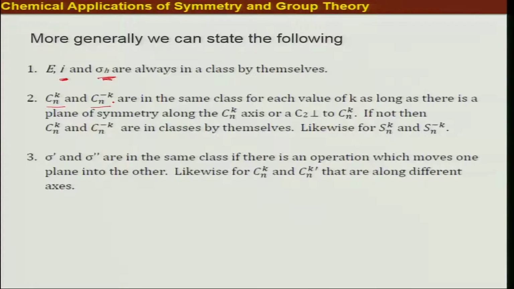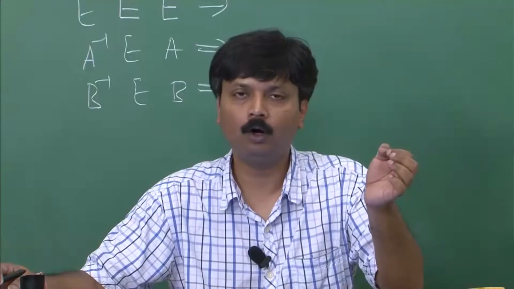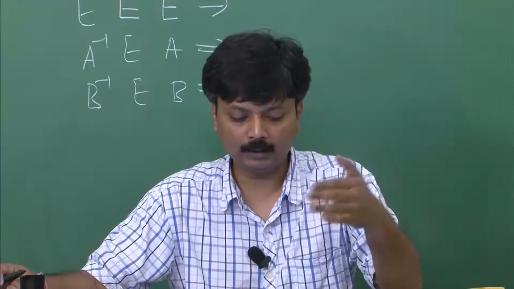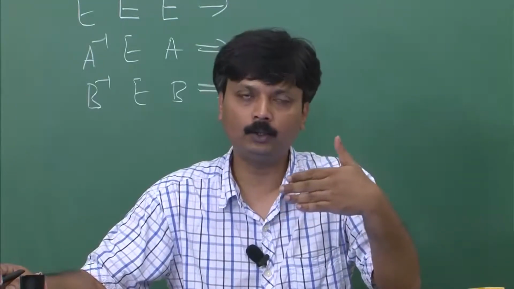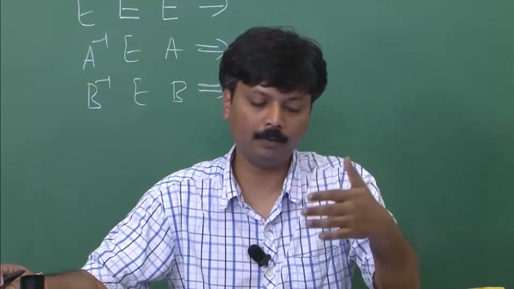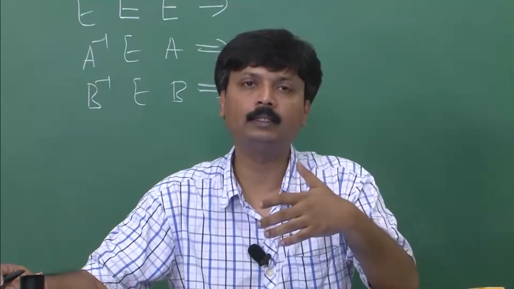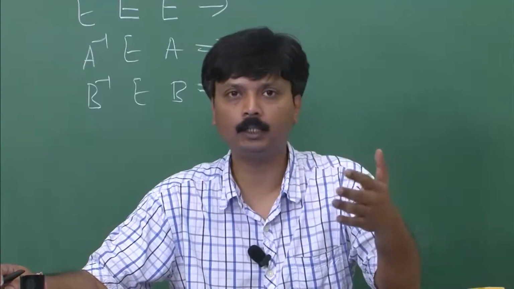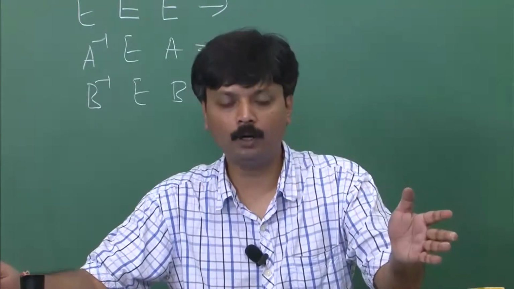So this is a generalized thing. If you try out certain point groups, then you will appreciate this general rule, and next time onwards, whenever you look at any particular point group, you do not have to do the similarity transformation all the time, because these are general rules that have been found by an extensive amount of similarity transformations on a variety of point groups.